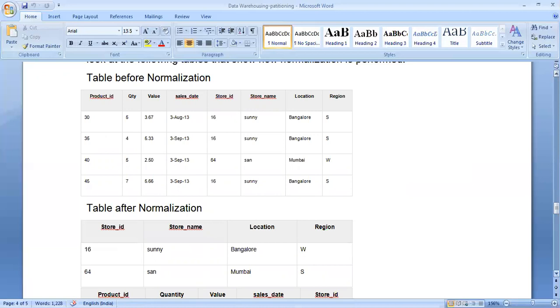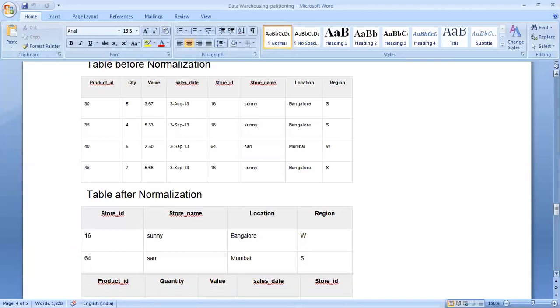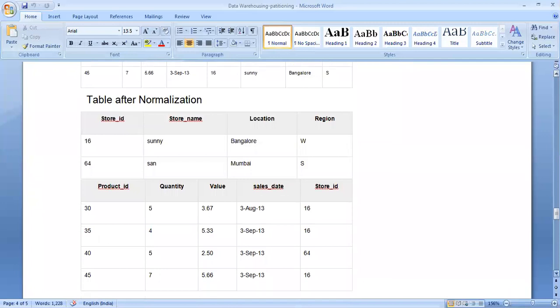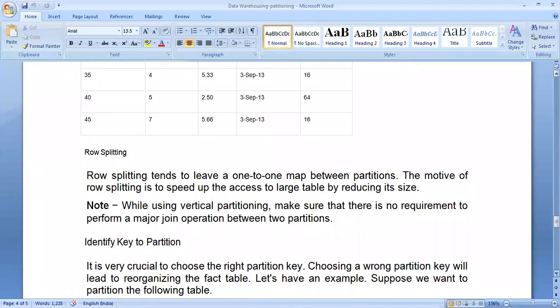Here it is mistakenly written as W, but it should be South. And there is just one entry for store ID 64, that is San, Mumbai, and the region W. Instead of S, it is W or West. So the table has been normalized and we have eliminated the redundancy. This is called normalization, where we remove redundancy and multiple rows are merged into a single row.